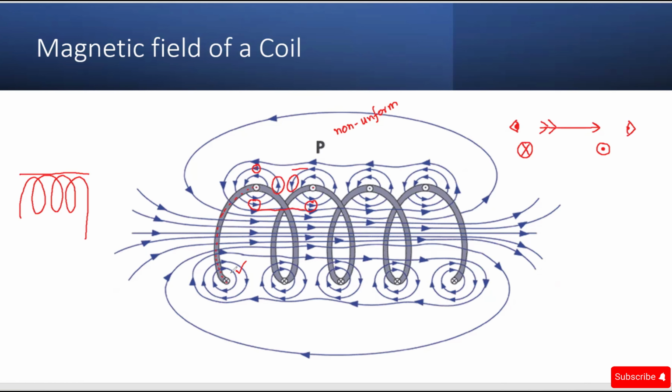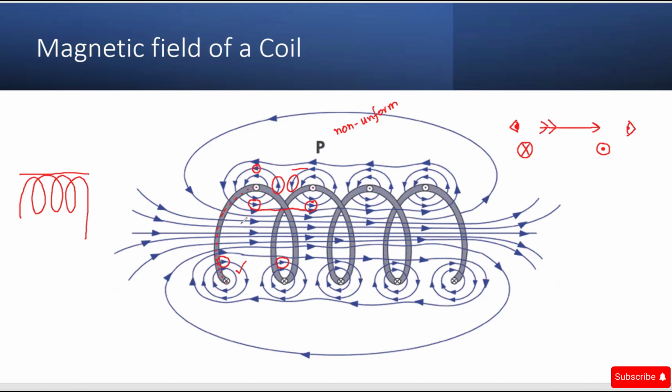If you look at the lower part of this coil, you can also see that the magnetic field lines from one turn to the other are in the same direction and they combine into one magnetic field line. So from both sides of the coil, upper side and lower side, the magnetic field lines are in the same direction, and in this picture, that direction is from left to right.